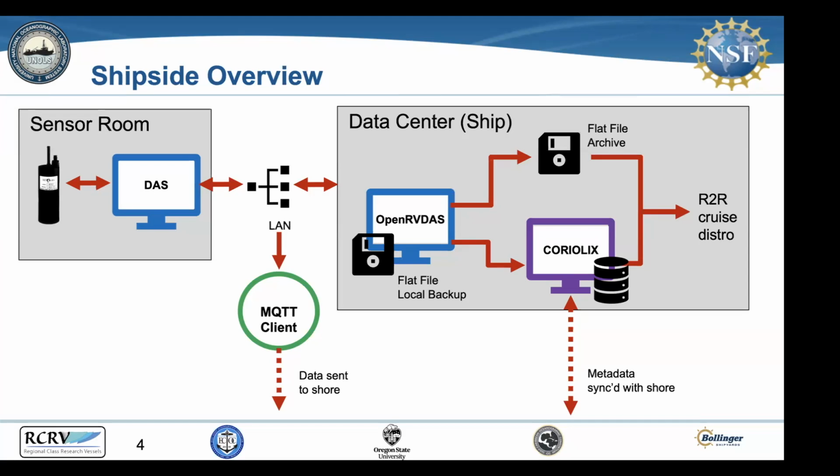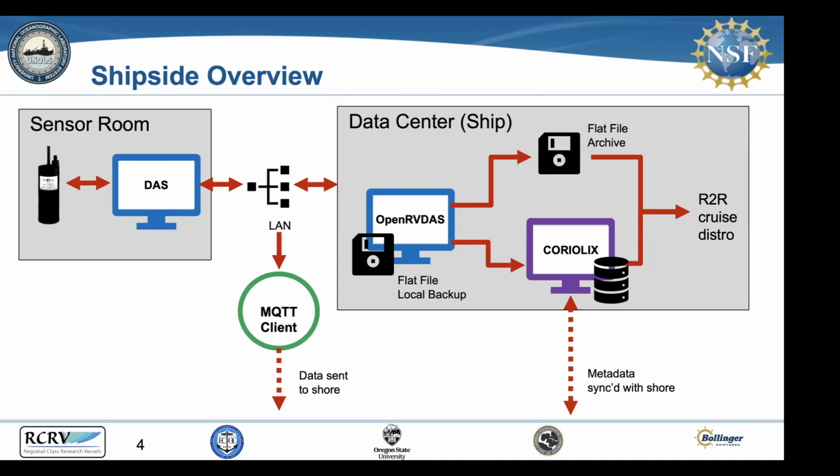It has a lot of functionality at the OpenRVDAS stage. The data are actually saved to flat files for archive, which eventually end up in the R2R cruise distribution. It also parses the data message and ingests the data into Coriolix. So on the back end of Coriolix, there is actually a database, and that's how we feed the information to our real-time plots.